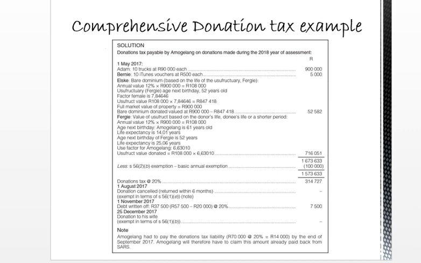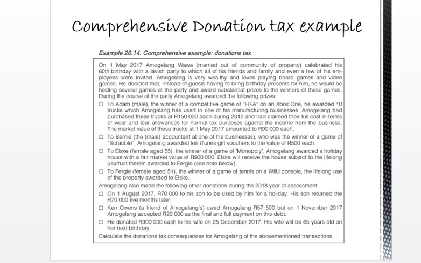Okay, and then Fergie, she has the right of use of this property. It is based on the donor's life or the donee's life expectancy, whichever is shorter. Fergie is 51 years of age, so her next birthday will be 52, whereas Amogelang is 60, so he has the shorter life expectancy.